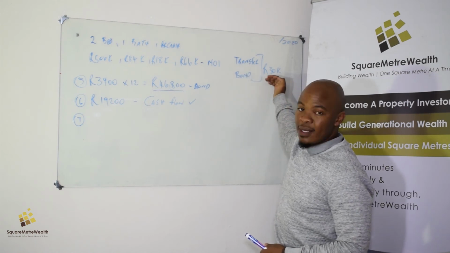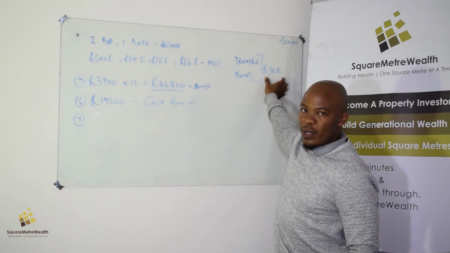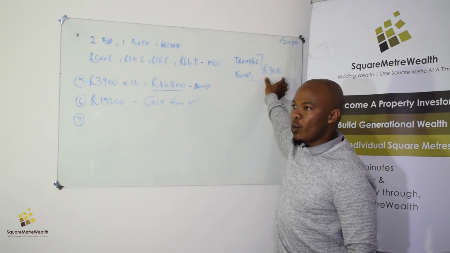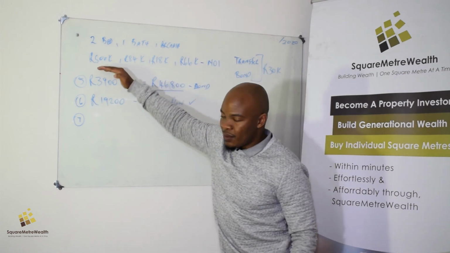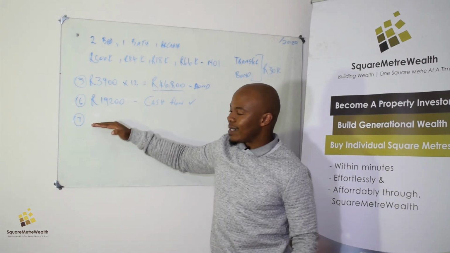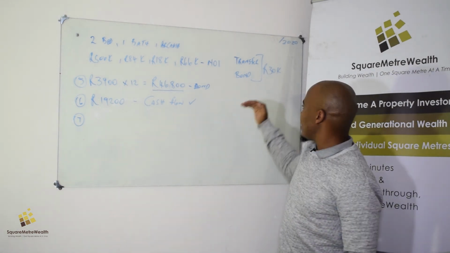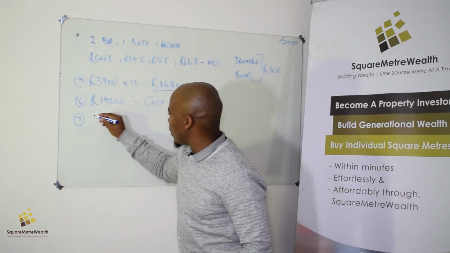You're looking at around 30,000 rand. And this figure here of 30,000 rand would be your only expense or your only contribution on this property with an asking price of 500,000. So with the cash on cash, you would be calculating your return on the 30,000 rand, which is your own contribution. So this is how it would look.